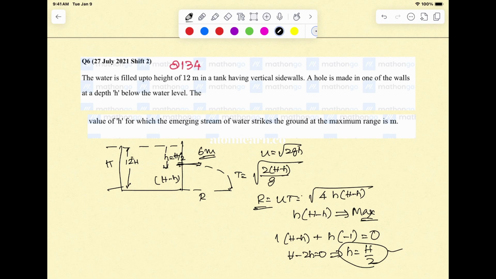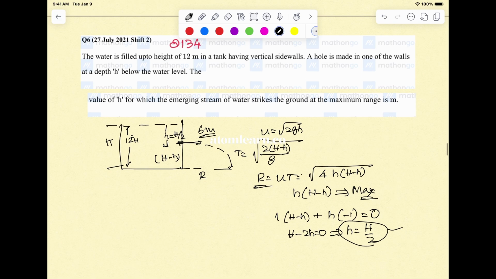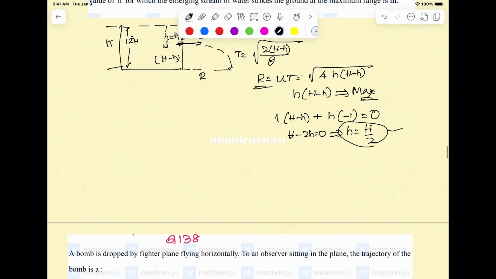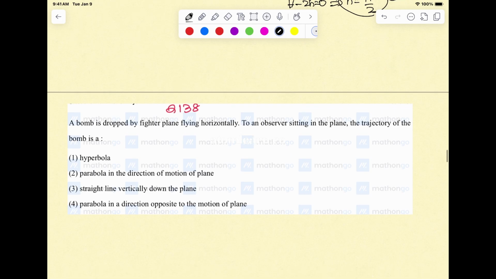As I said, this is a well-known result that all of you must know already. That is, when you make an orifice at half the total height of water from the top, then the efflux stream reaches the maximum distance from the bottom of the vessel. This is a well-known result, right? Okay, let's go to the next question.